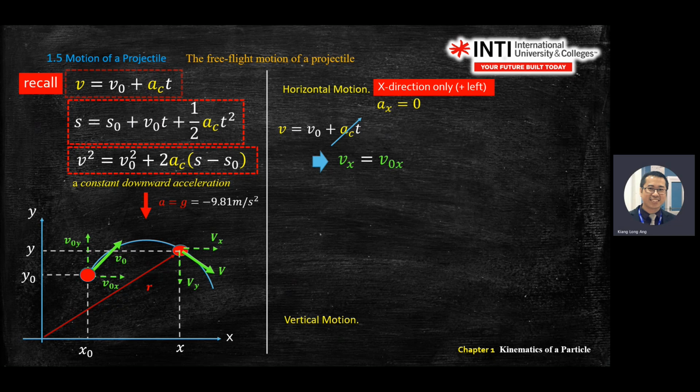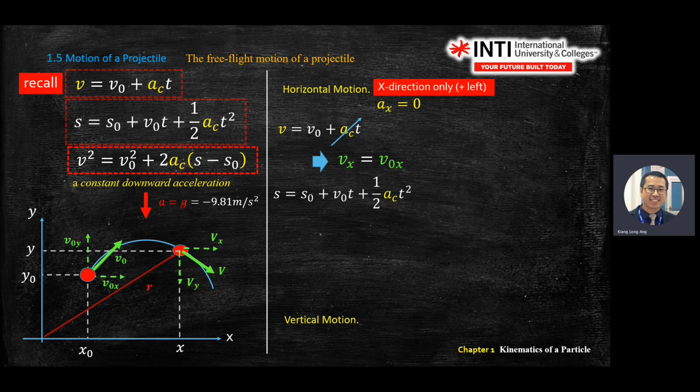We are looking at horizontal motion only, so don't confuse it with the other. You only have Vx and the starting Vox. So you get Vx equal to Vox, which means the x component of the velocity vector stays the same as the initial velocity vector.